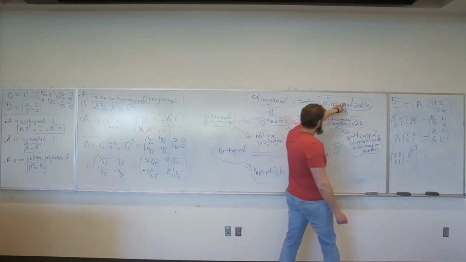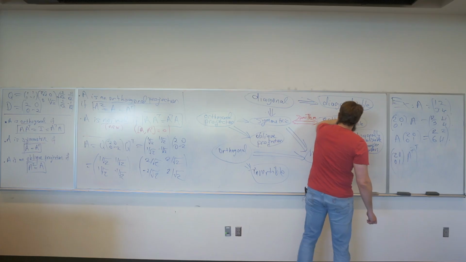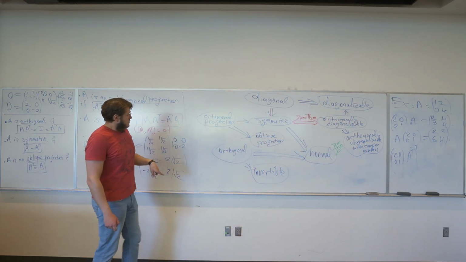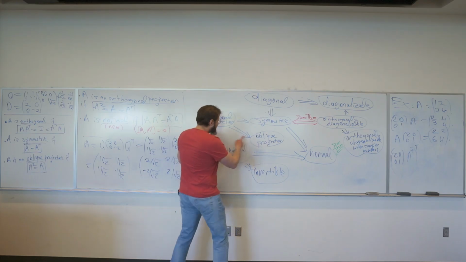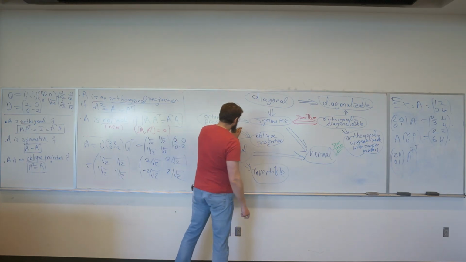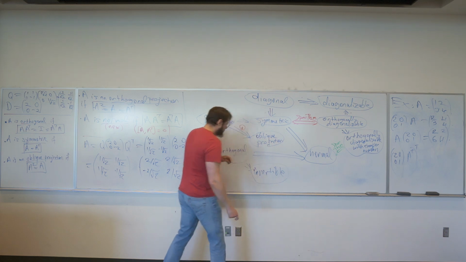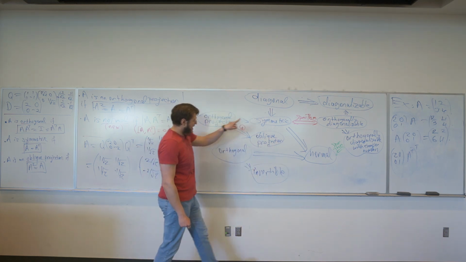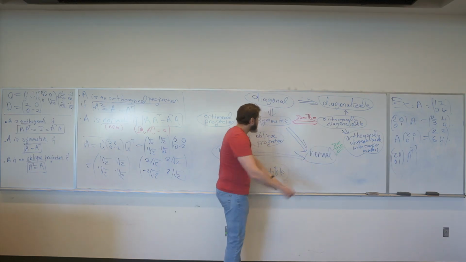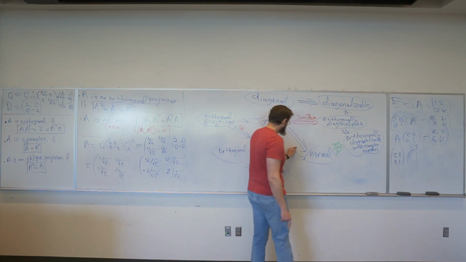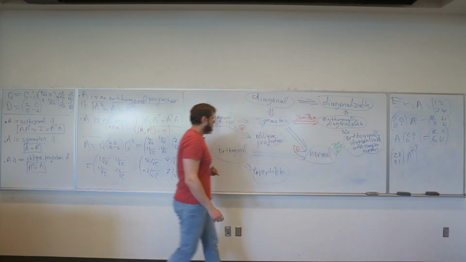We came up with an example that is diagonalizable, but not diagonal nor orthogonally diagonalizable. I want to come up with an example that is an oblique projection, but not an orthogonal projection. And then I want to come up with an example that is a normal transformation, but neither is symmetric nor orthogonal. Okay. I'll write these down.